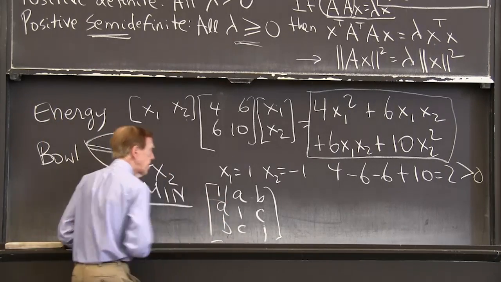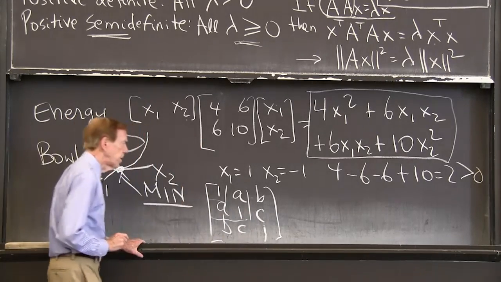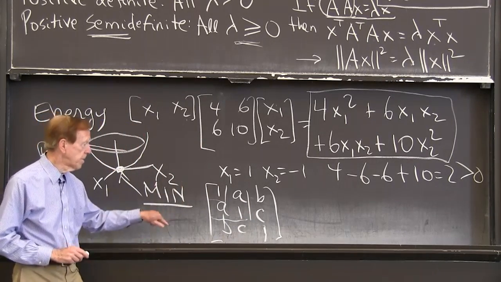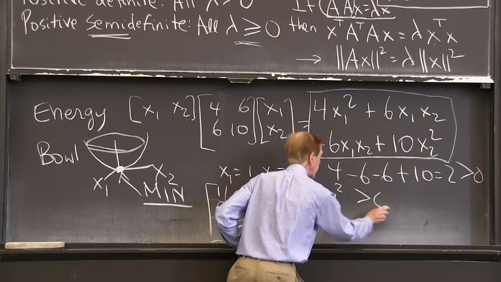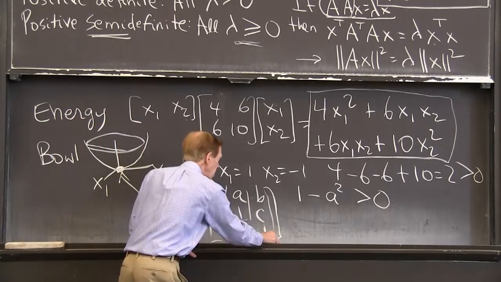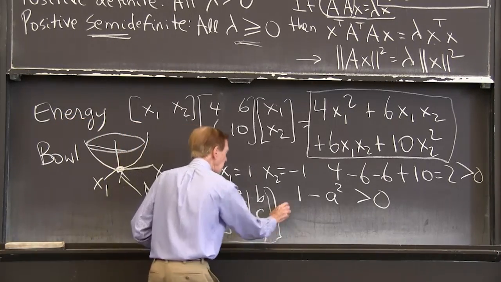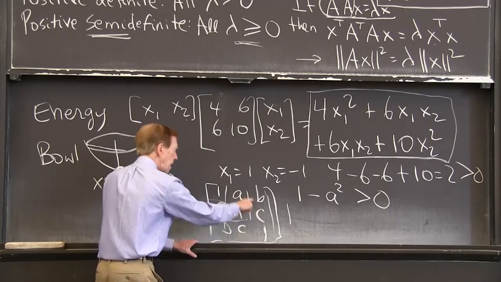So that determinant is 1, no problem. This determinant, what's that 2 by 2 determinant? 1 minus a squared. So 1 minus a squared has to be positive. I'm doing the determinant test. And what's the 3 by 3 determinant? 1 from the diagonal, and I have an abc and an abc.